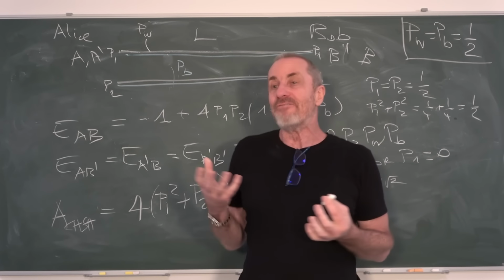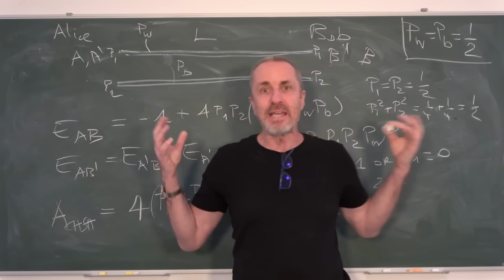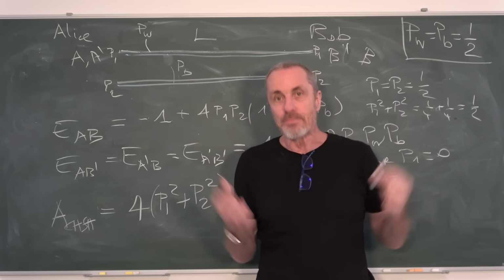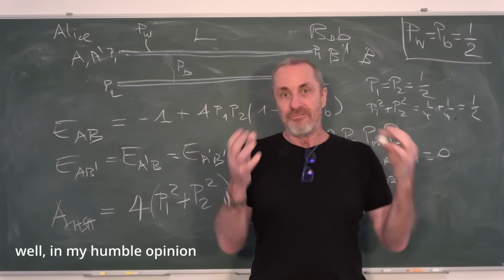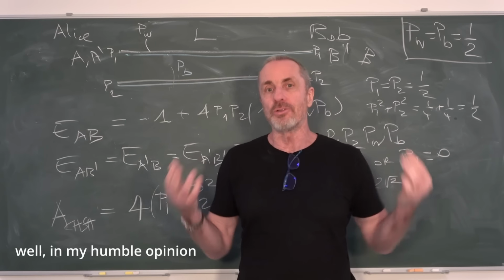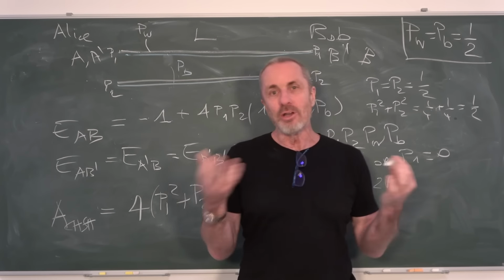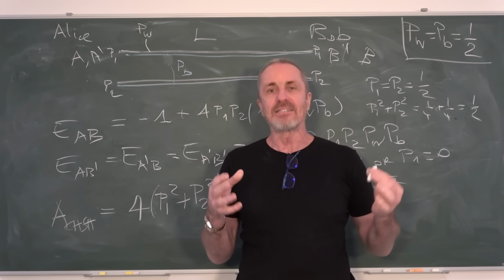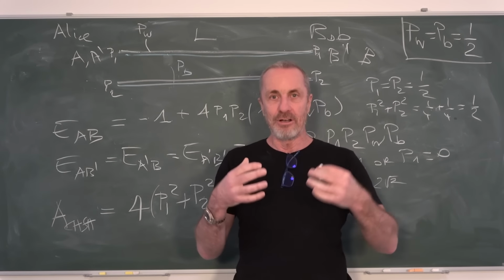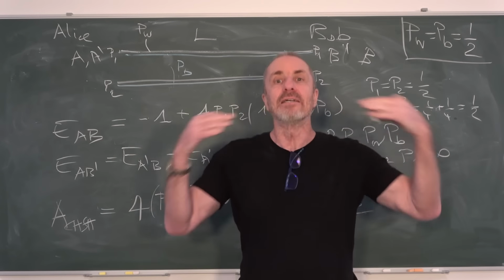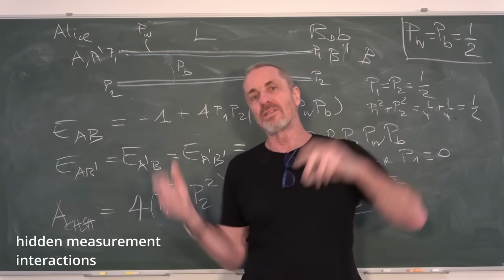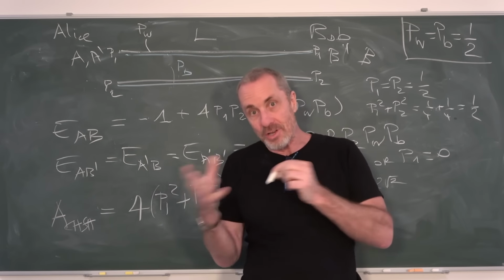And so the mechanism behind these violations is general enough, and it's probably, I would say, the mechanism which is also behind the violations in quantum experiments, which is the fact that we have some hidden interactions when the measuring system interacts with the measured system.